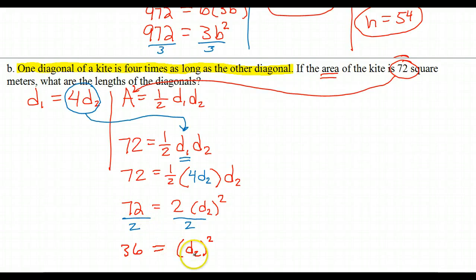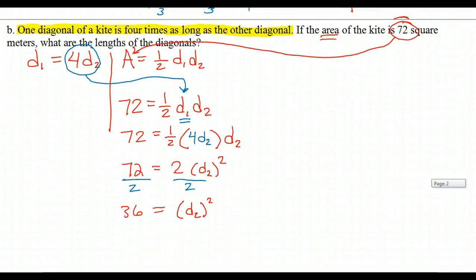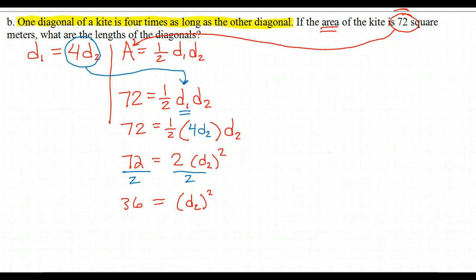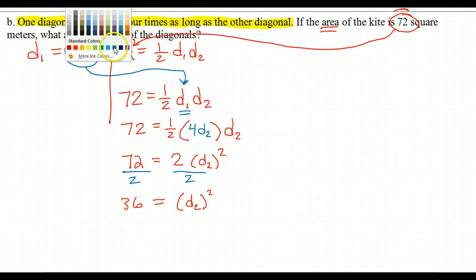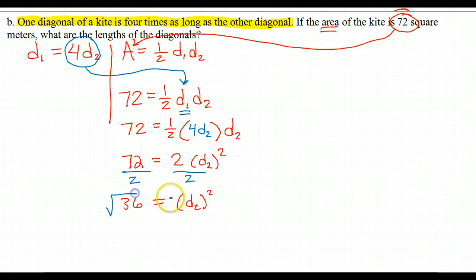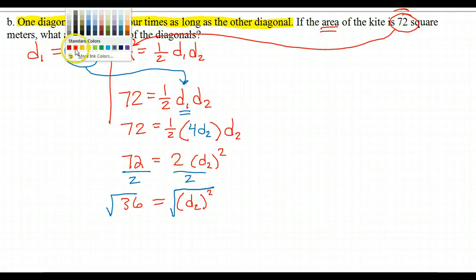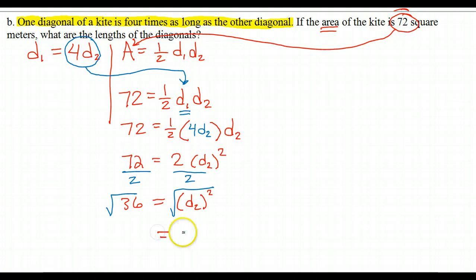So if I want to get diagonal 2 finally by itself, I need to take the square root of both sides. Okay, so if I go ahead and take the square root of both sides, then that's going to give me diagonal 2, because that radical will unsquare this, and this is going to give me 6. Okay, so that is one of the diagonals.